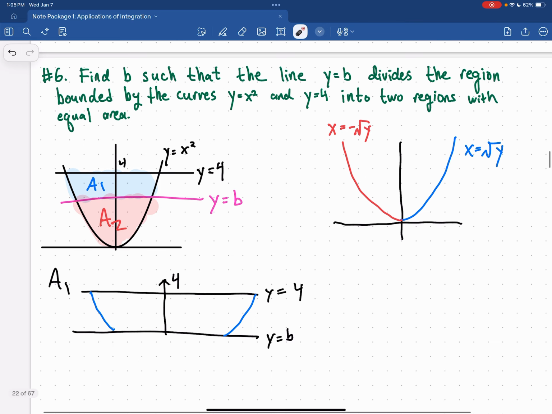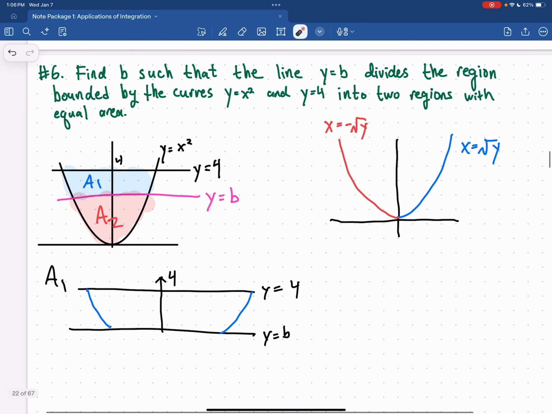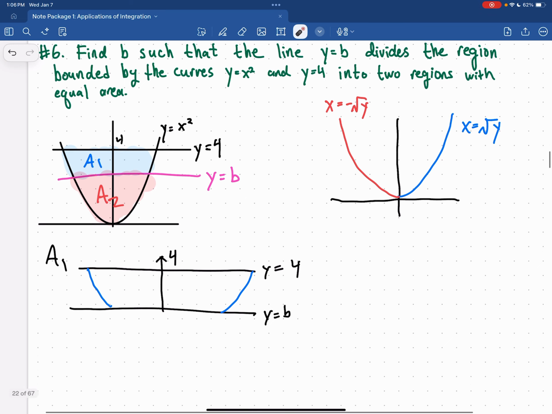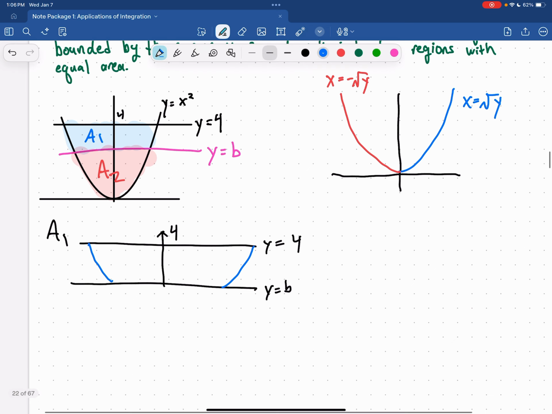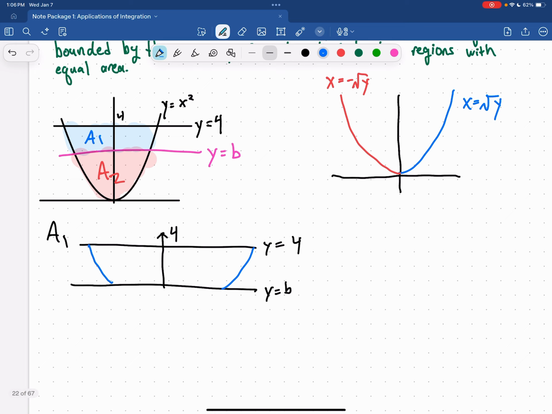And so we'd have to find those intersection points and so on. However, what we can do is take the curve y is equal to x squared and rewrite it as the two curves x is equal to negative root y and x is equal to positive root y. That gives us both halves of the parabola. And so then instead of looking at just one function, we've got two functions.